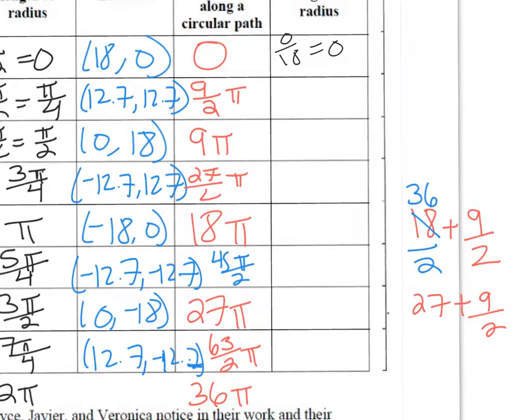So instead of dividing by 18, we're going to multiply by 1 over 18. So 9 and 18 can reduce, and you are left with pi over 4. The next one's going to be 9 pi over 18, and that reduces to pi over 2.